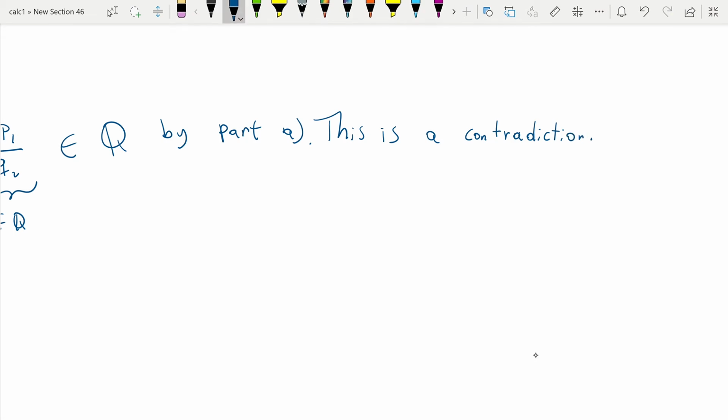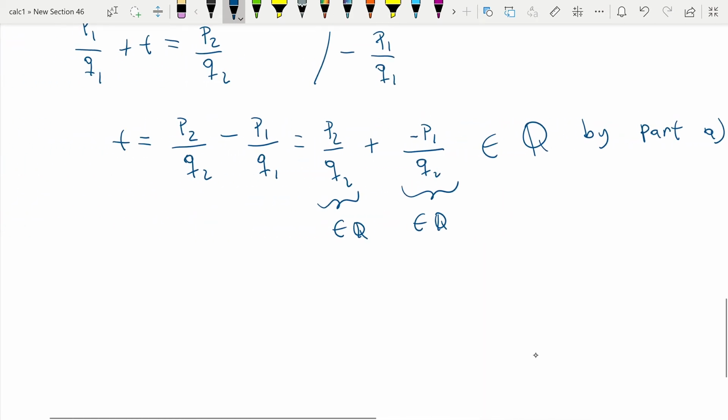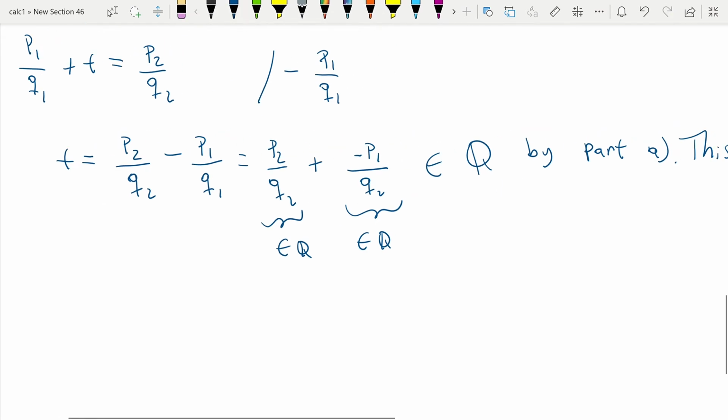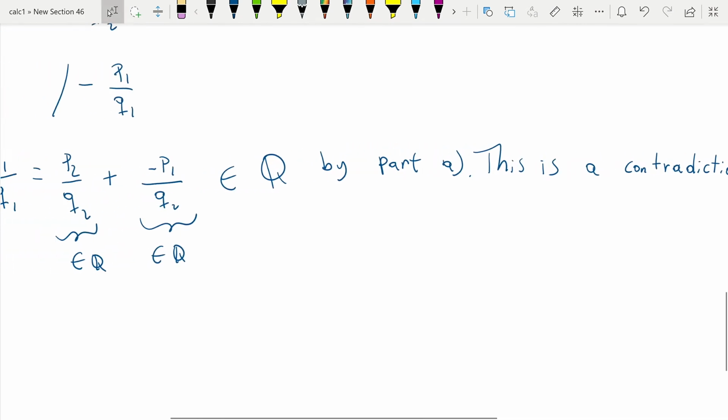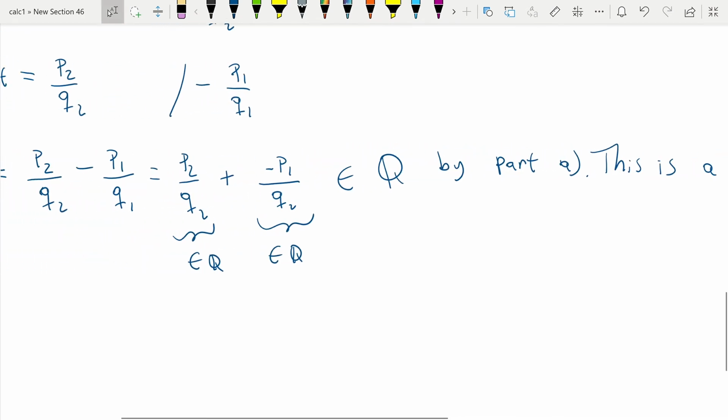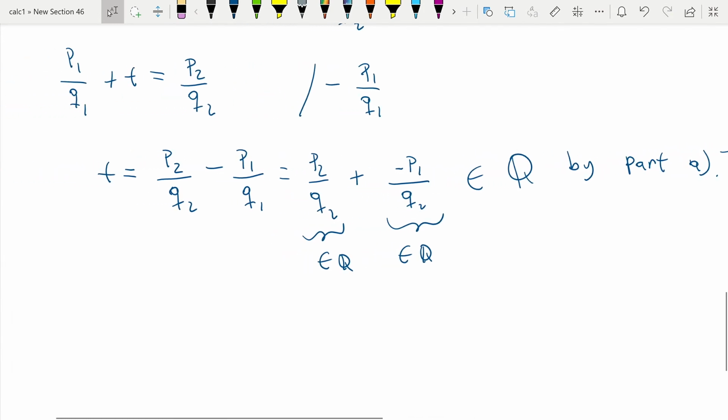Because we say that an irrational number is a rational number. An irrational number T, by hypothesis, would be in Q, the set of rational numbers, but this cannot be the case. An irrational number cannot be a rational number by definition, because the irrational numbers are the set of real numbers that are not rational numbers.